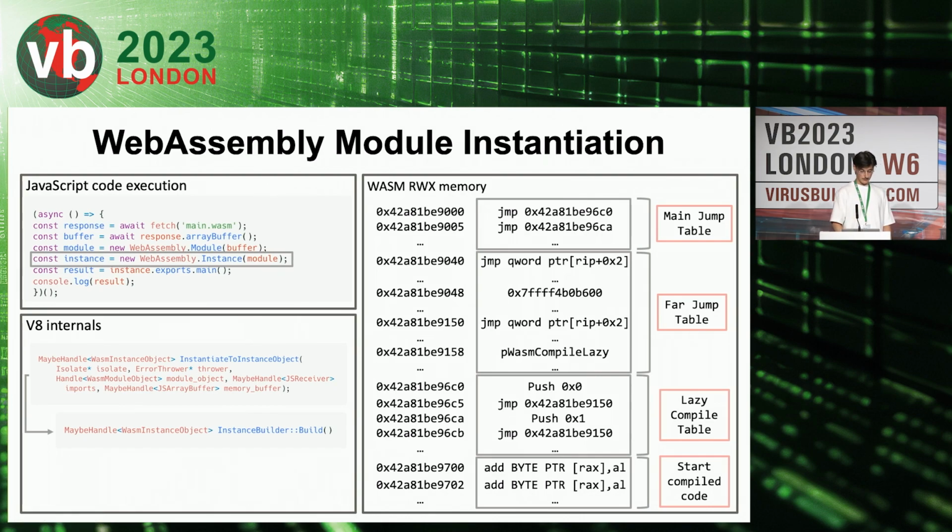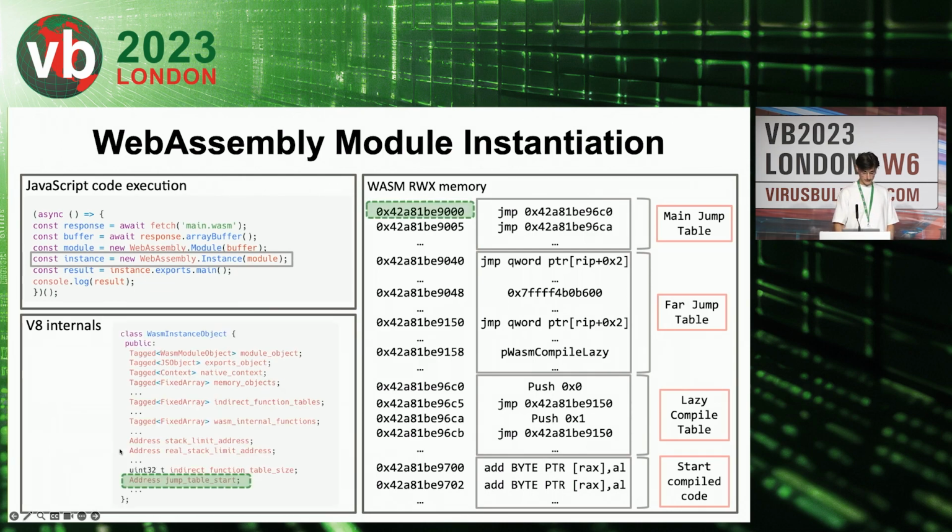And this function will basically execute the instance builder that will associate the WebAssembly instance with the RWX memory region and initialize and allocate all the memory buffers and objects related to this instance. It will also process the export functions and return, one important thing also, a WebAssembly instance object. And we'll see what it looks like.